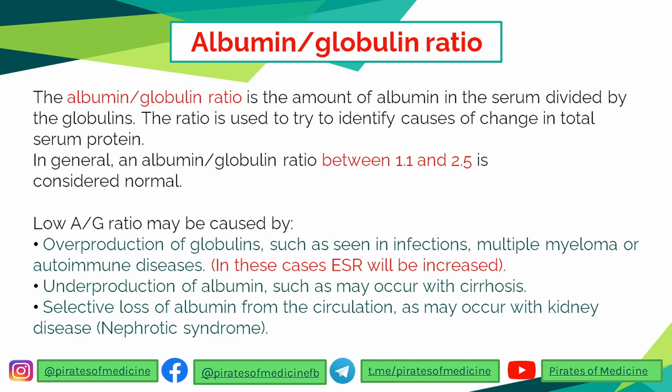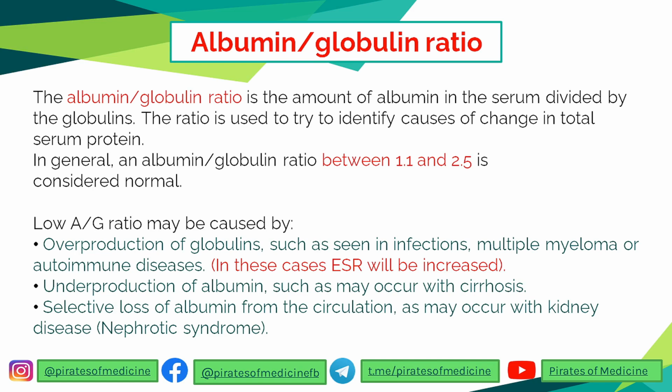If it is less than 1, it can be for one of the following reasons. Either the amount of globulins has increased and this leads to the ratio falling below 1, which means overproduction of globulins like you see in infections, multiple myeloma or autoimmune diseases, and you can know that in these cases ESR will be increased as well. You must see, correct? We did this question before.